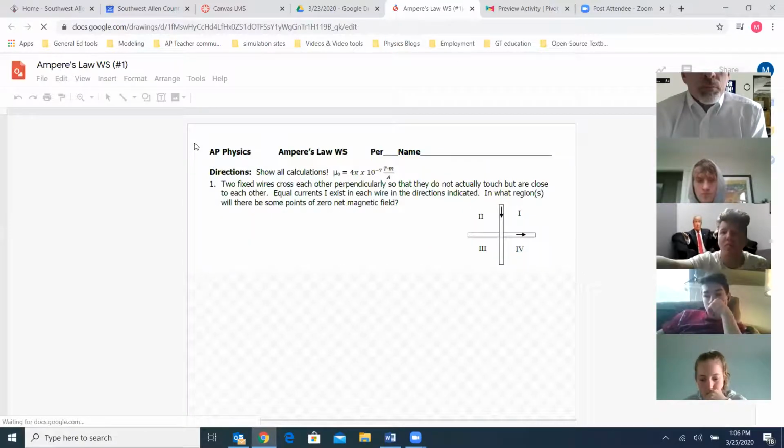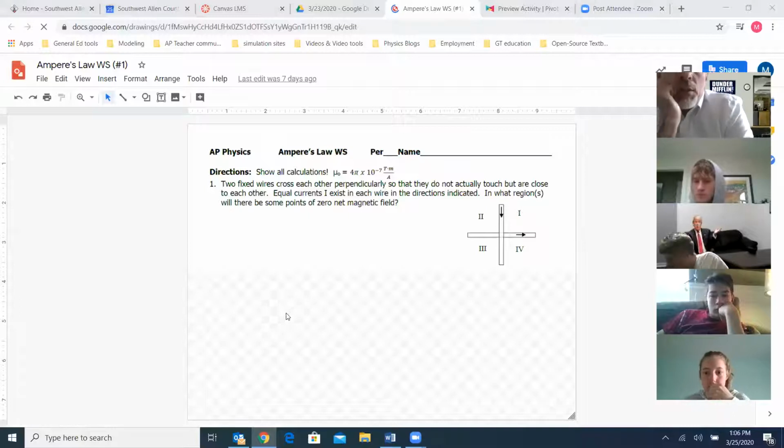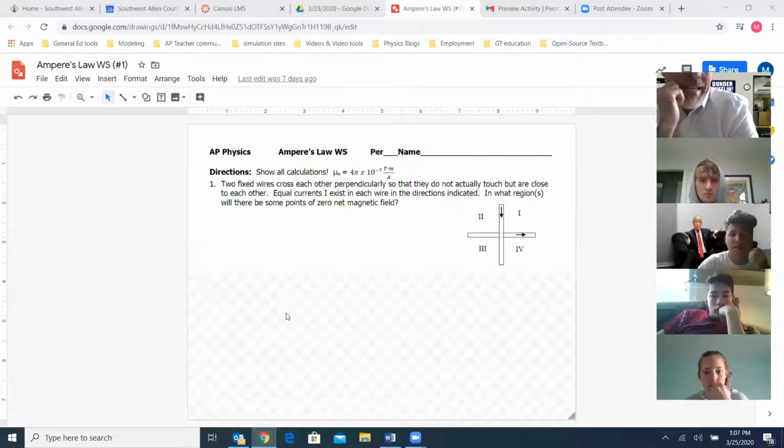For this, we're trying to figure out the regions in which there might be some points where there's zero net magnetic field. So in order to solve this, you'd have to use the right-hand rule for both of these wires and figure out where it's possible that you could have a net magnetic field of 0.